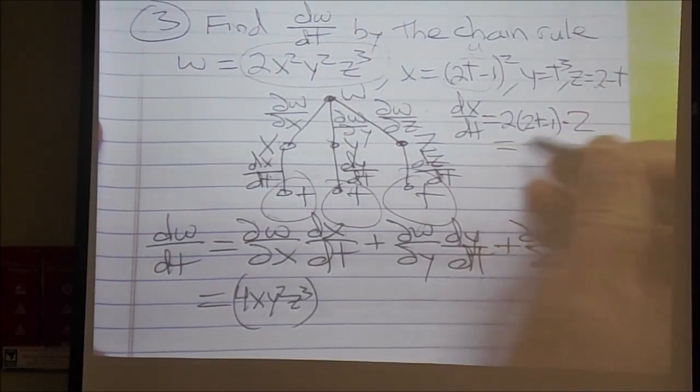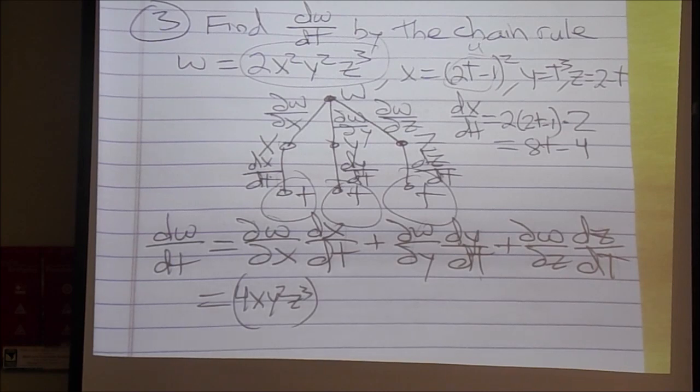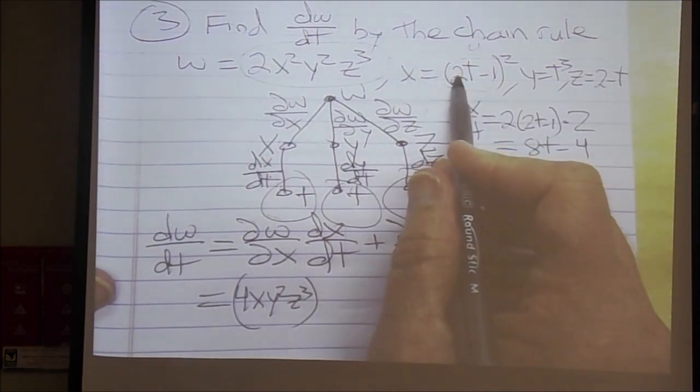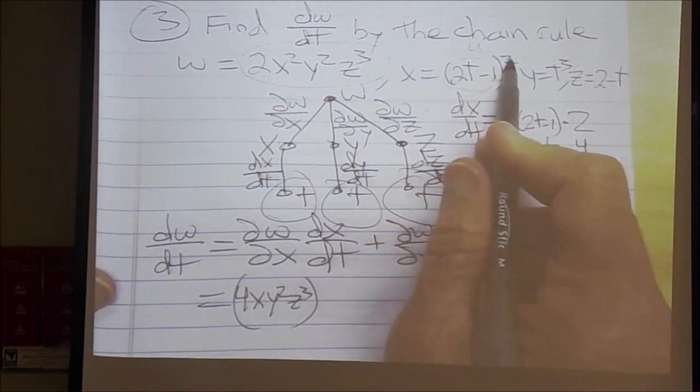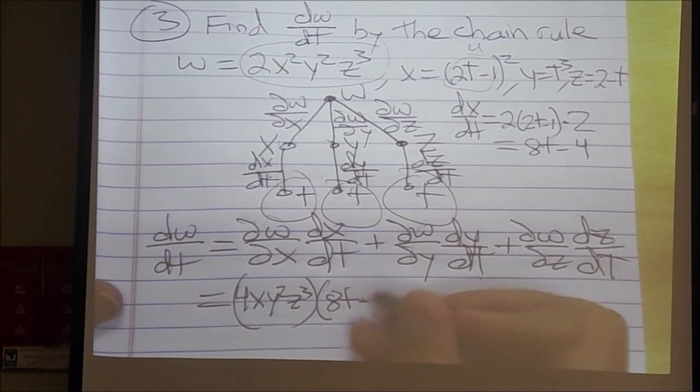So what we have here evidently is 8t minus 4. So there's the chain rule from calculus 1 for x equals 2t minus 1 quantity squared. So this must be 8t minus 4.